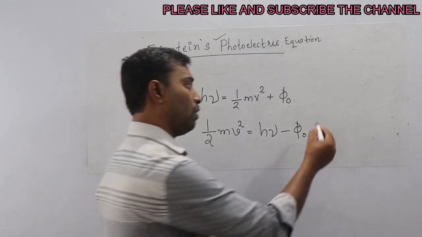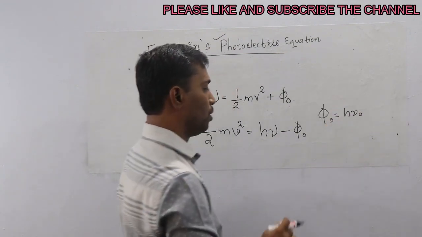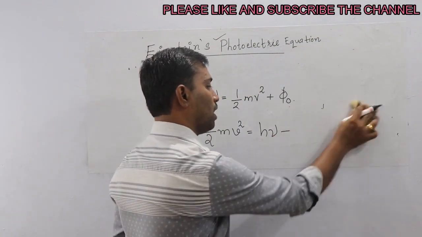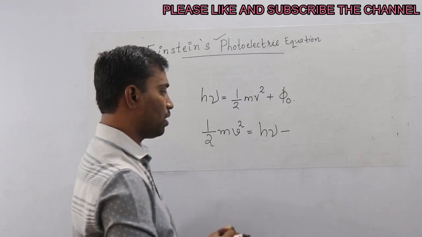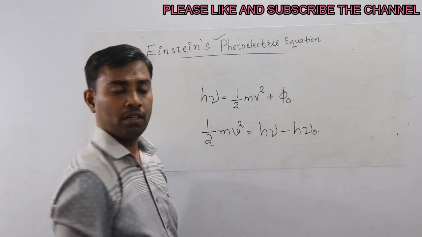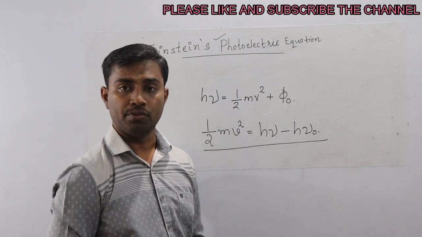But we know that phi 0 is equal to h nu 0, so instead of phi 0 we can substitute h nu 0. So we can write half m v square is equal to h nu minus h nu 0.